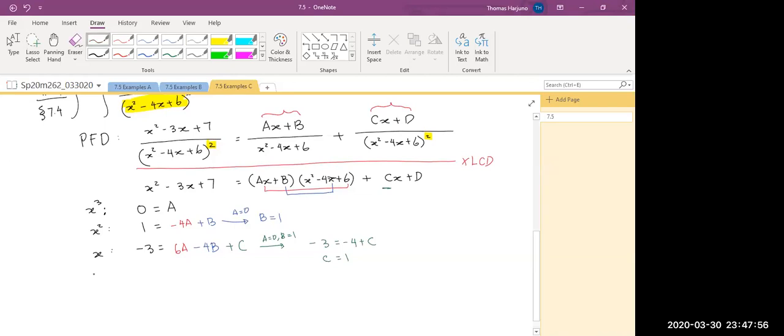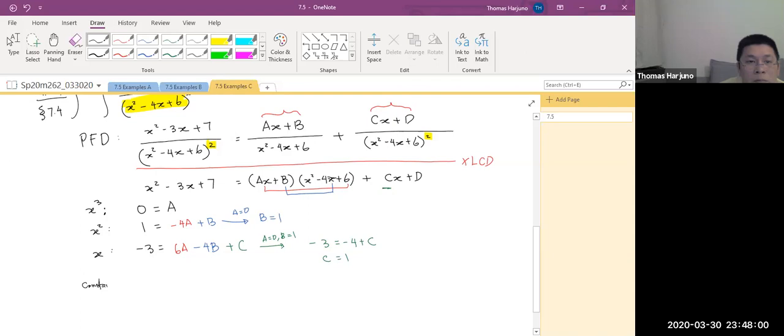Finally, the constant part. On the left-hand side, we get 7. On the right-hand side, we have 6b plus constant d.